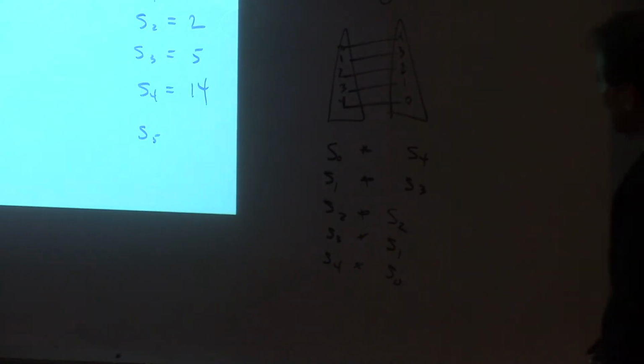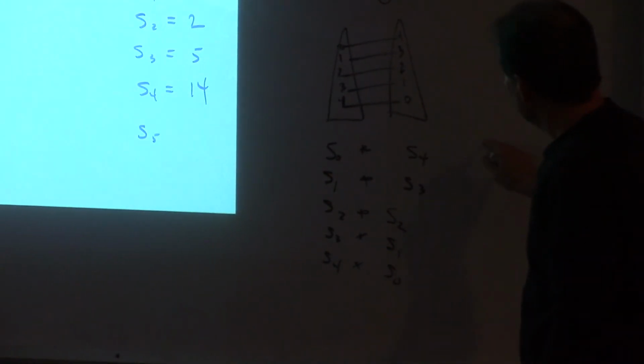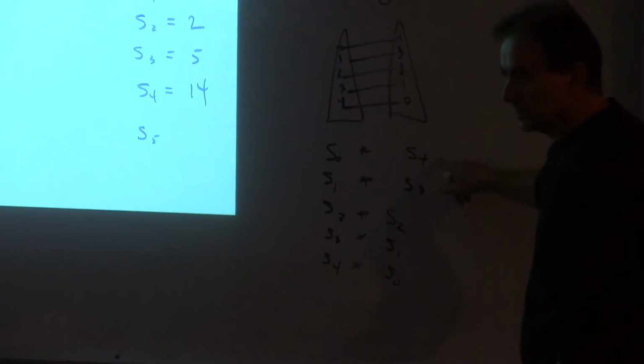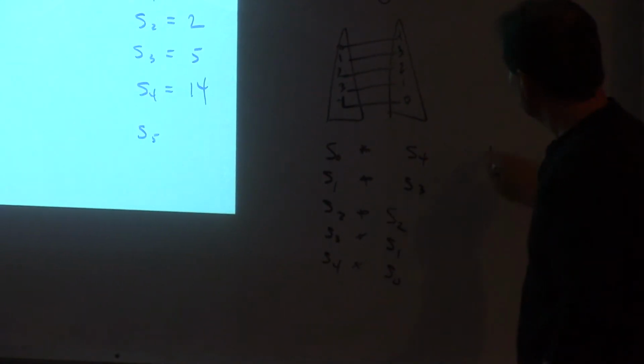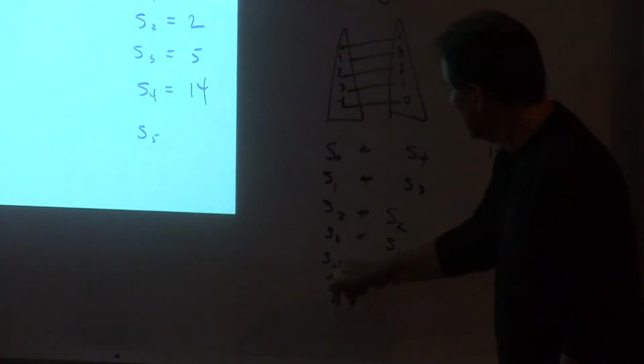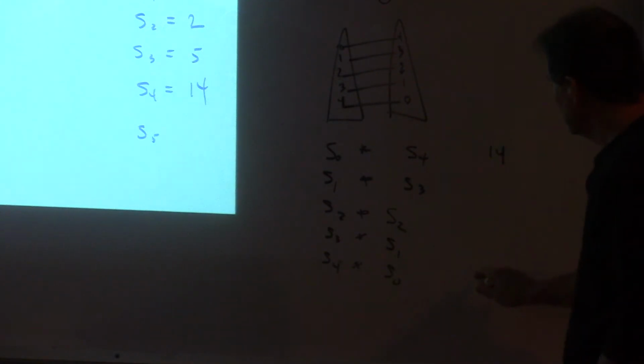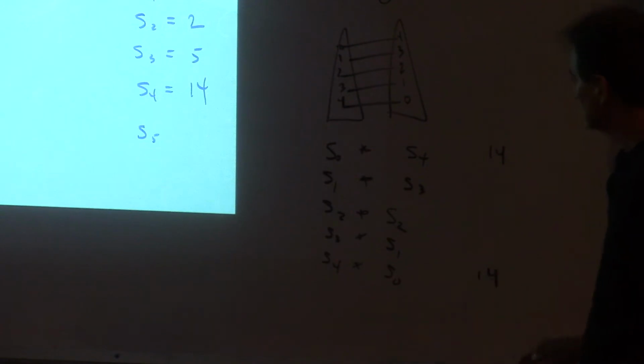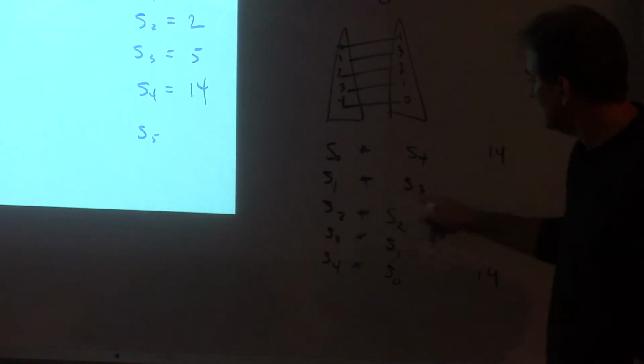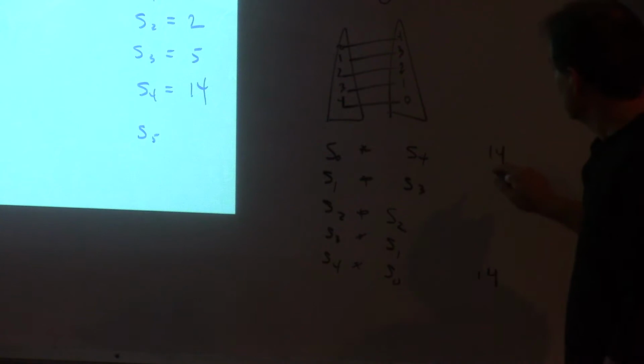So when we multiply them together, we're going to get 1 times, what's S4? 1 times 14 is going to be 14. But notice down here, we're going to get what? 14. Also 14. It's going to be 14 times 1. What's S1 times S3? 5. So it's going to be 5.